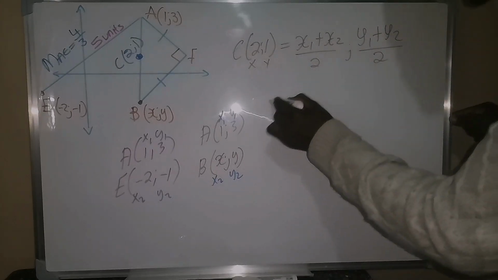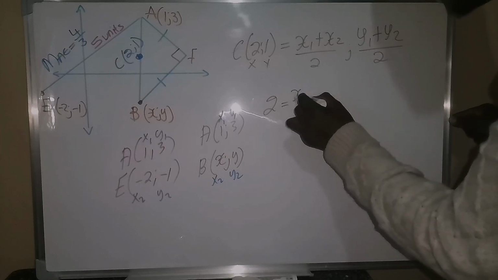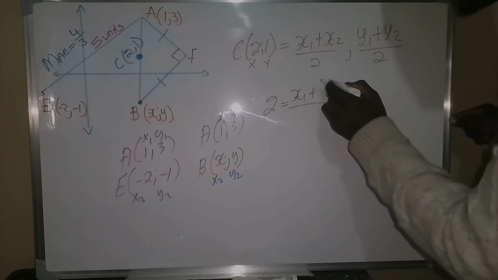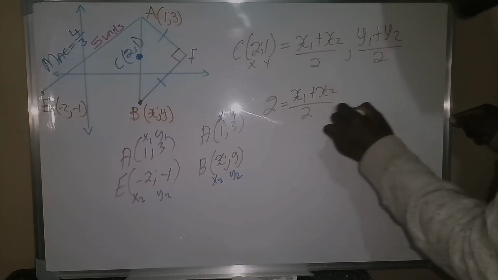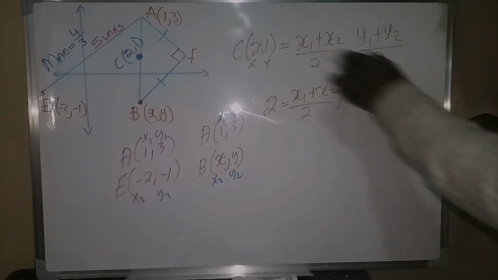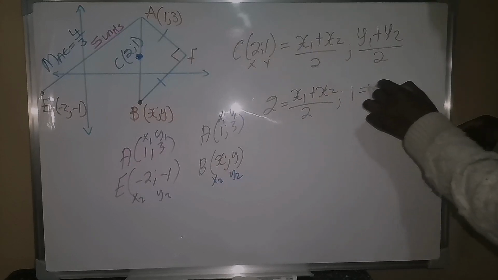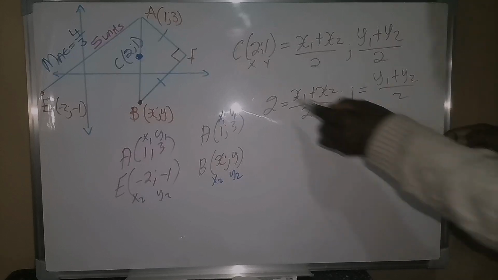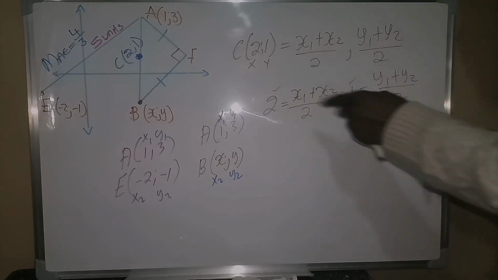So for x, 2 equals (x1 plus x2) over 2. For y, 1 equals (y1 plus y2) over 2. These are the coordinates of our midpoint.